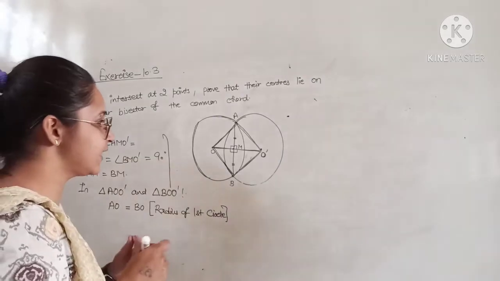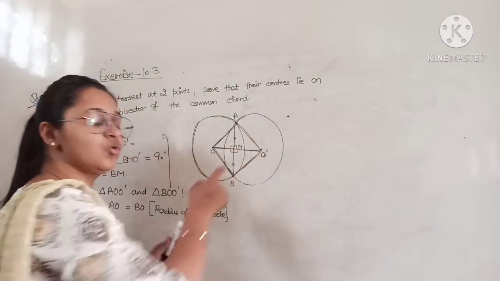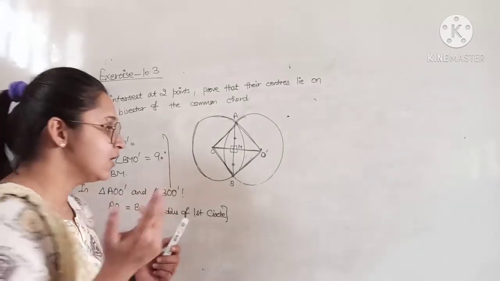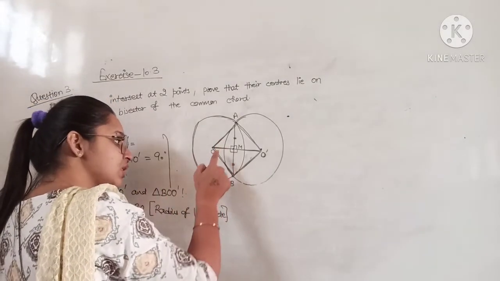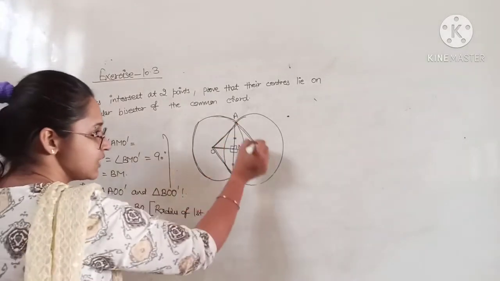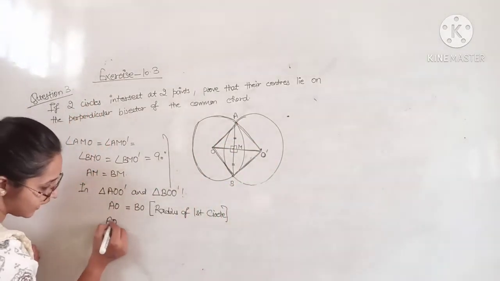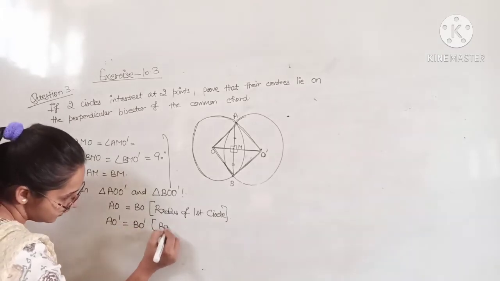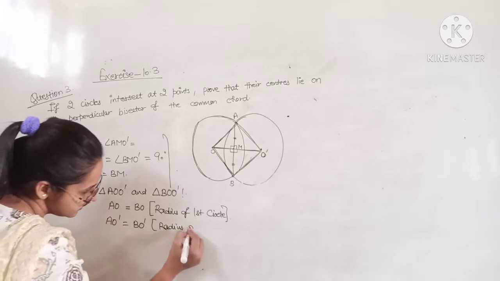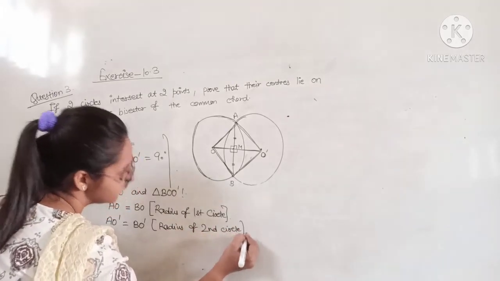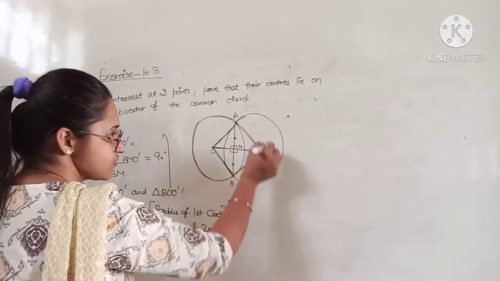You cannot say that the radius of the first circle is equal to the radius of the second circle. Why? Because the circles are not given to be congruent. But you can say that the radius of the first circle is equal to the radius of the first circle already. And in the same way, AO dash is equal to BO dash by the radius of the second circle.